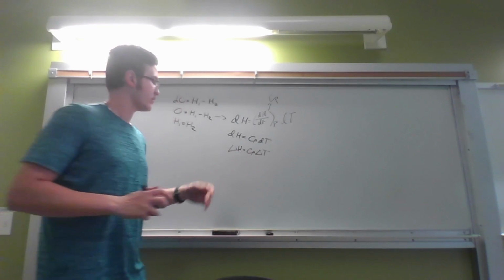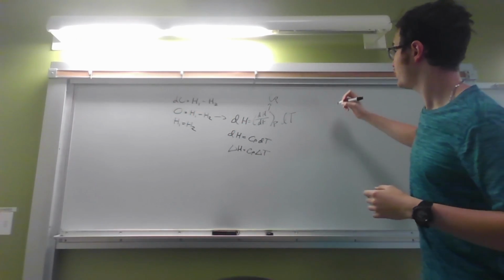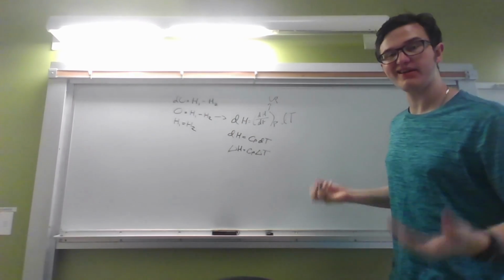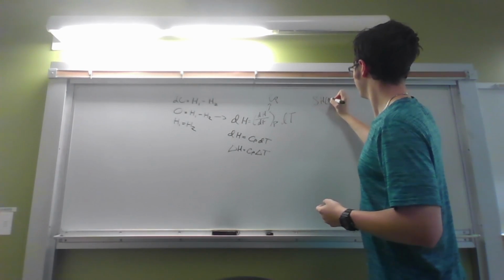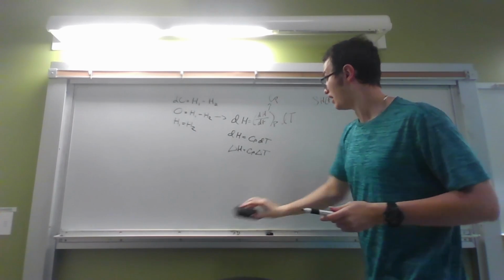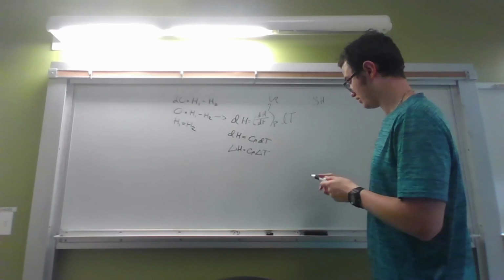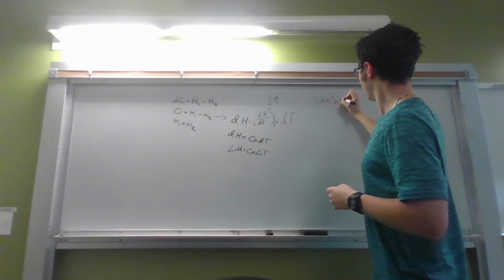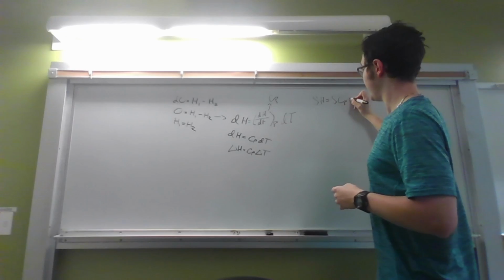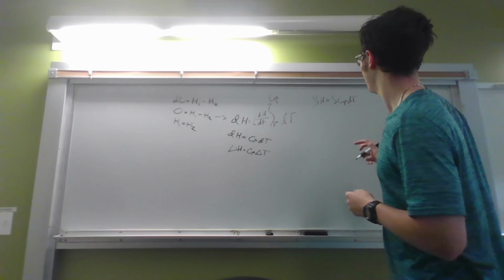So we have that, but that's only over small changes. So let me move over here to do large changes. For large changes, you need to take the integral. So the integral of dH is equal to the integral of the heat capacity with respect to temperature.